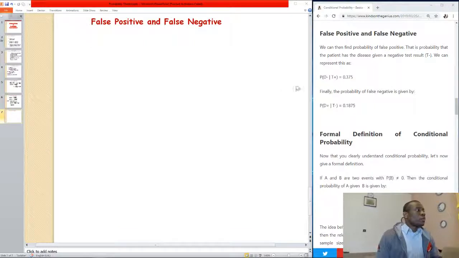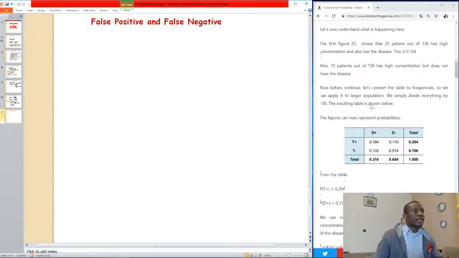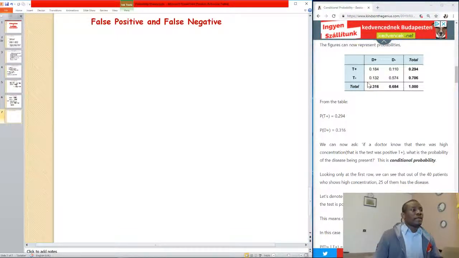So coming back to the discussion on ground, let me take a pen. If we go back to this table, you see that at this point, if we have T minus, it means that the patient's result is negative of the disease. And at this point, we have T minus under D plus, where the result is negative, but the disease is there.